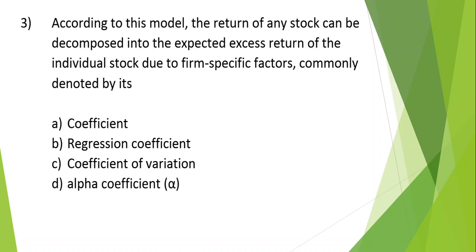Similarly, we have another question. According to this model, the return of any stock can be decomposed into the expected excess return of the individual stock due to firm-specific factors, commonly denoted by its what? We have four options. Option A, coefficient. Option B, regression coefficient. Option C, coefficient of variation. Option D, alpha coefficient.